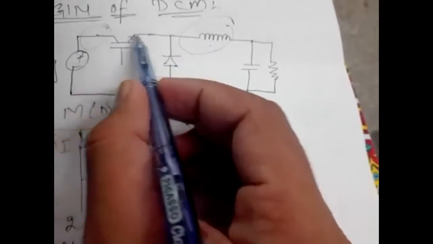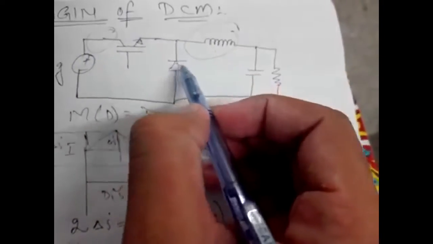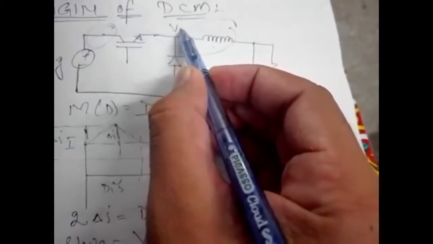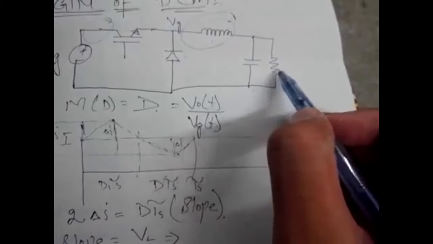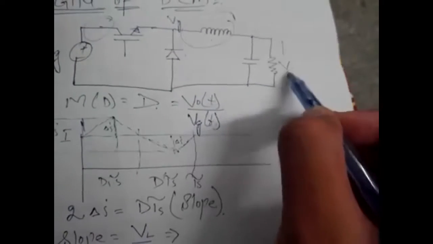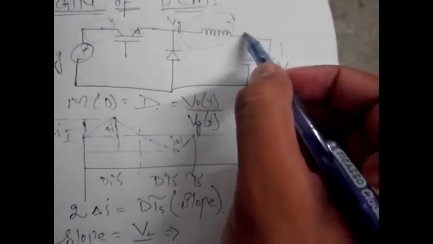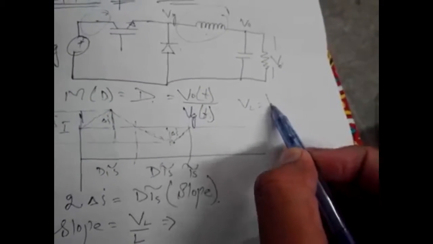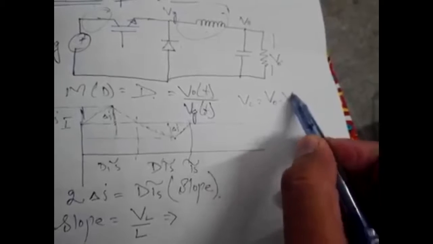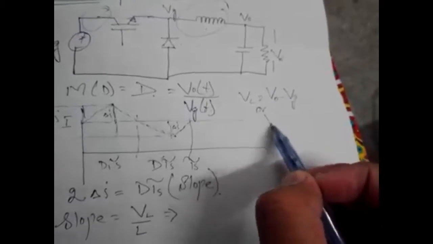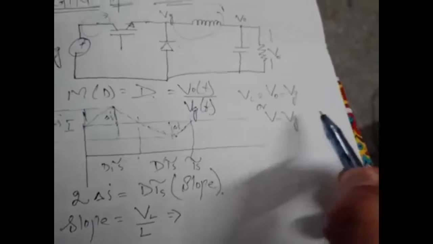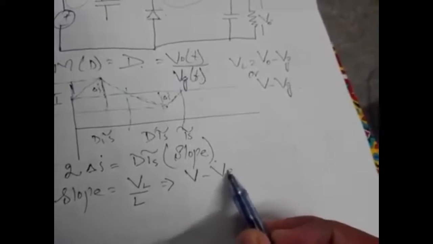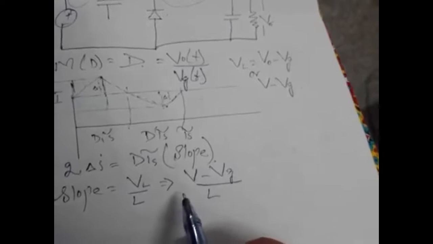When this switch is on, then this is Vg, and when this switch is off, then the output voltage V0 appears here, so VL becomes equal to V0 minus Vg. So now putting that value here, we get the slope as (V minus Vg) divided by L.